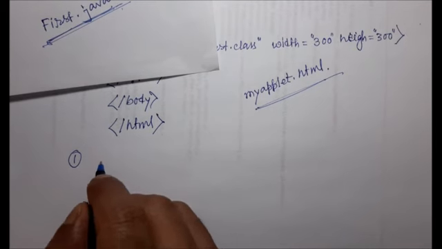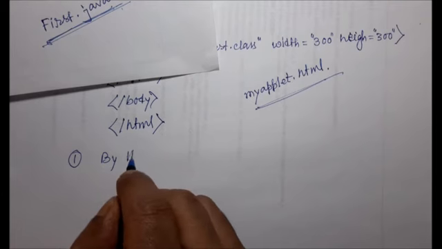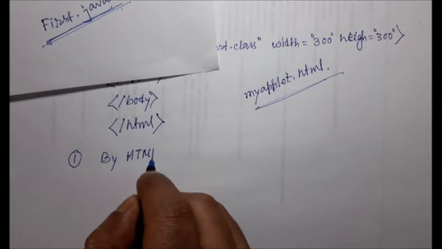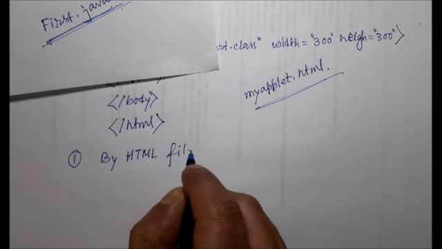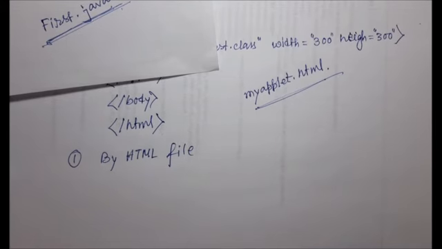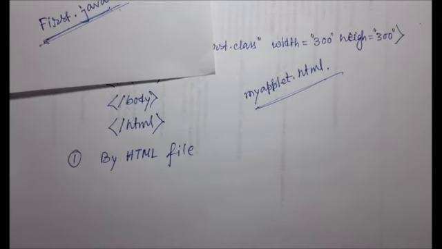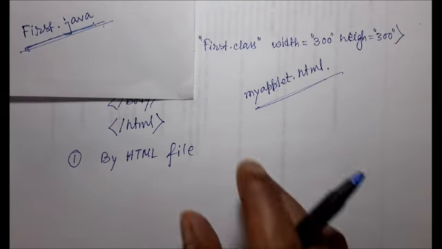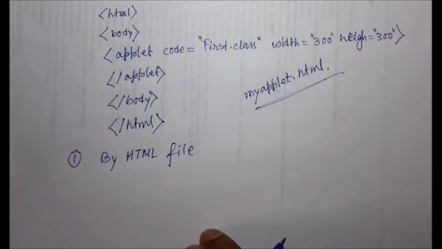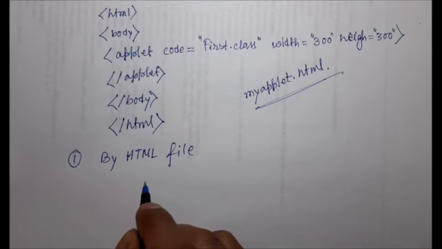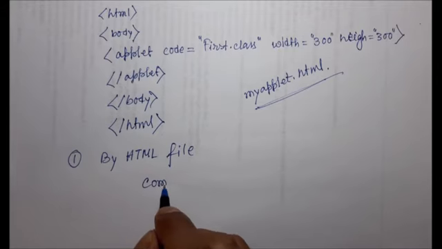First we have to compile. How do I compile? I can compile this file just like a normal Java program, using the javac compiler. So first I have to compile.